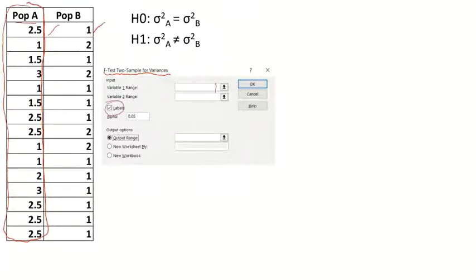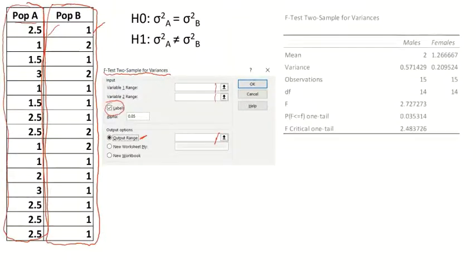And then, of course, make sure to check the Labels box here. And then for Variable 2, click until there's a cursor and then highlight the second column with the label. And then choose your output range, maybe on the same sheet as where these data are. And then click OK. And you will be given these results.